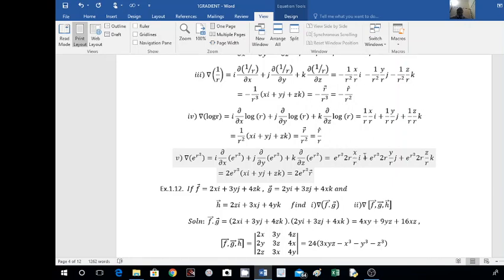I into this, plus j into, similarly, e raised to r square into 2r, and the derivative of r with respect to y is y by r, plus k into e raised to r square into 2r, and the derivative of r with respect to z is z by r. Now here r gets cancelled, here also r gets cancelled, here also r gets cancelled. Then 2 into e power of r square is a common factor here. Then what remains? xi plus yj plus zk. This is 2 into e to the power of r square into, this is nothing but our vector r.